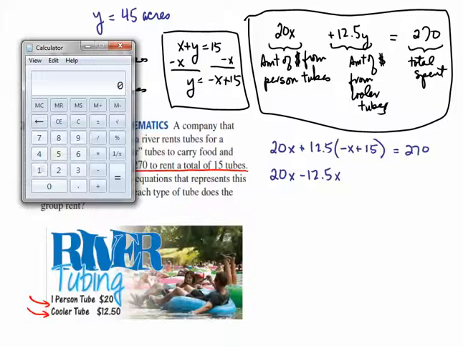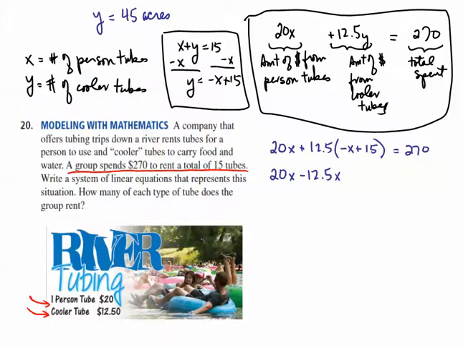Now I'll use the calculator for that. 12.5 times 15 gives me $187.50. So plus $187.50 equals 270.